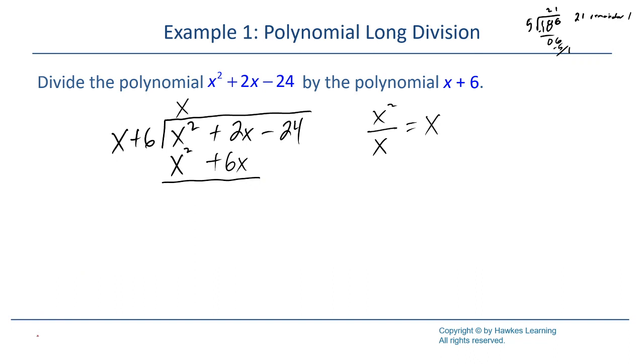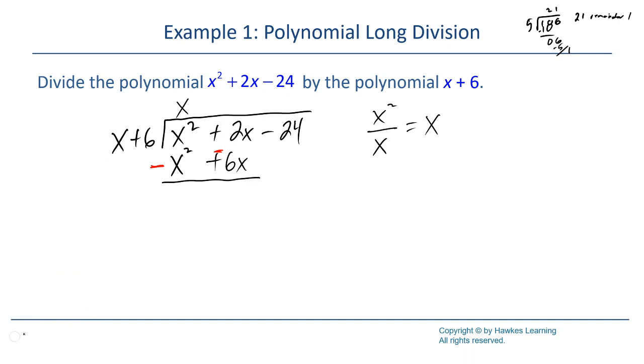And this is the part that a lot of people tend to mess up on. When you subtract, you're subtracting this whole thing, which means you don't just change the sign of the first term, you change the sign of all of the terms. So this is going to be negative x squared minus 6x, not negative x squared plus 6x.